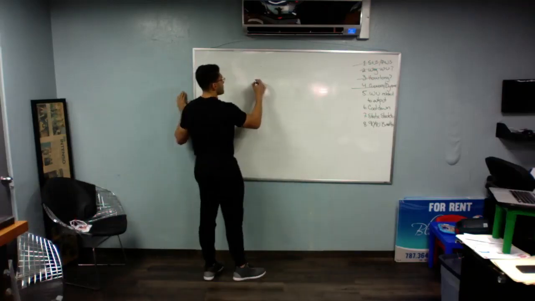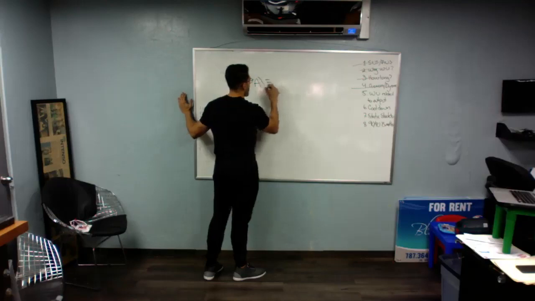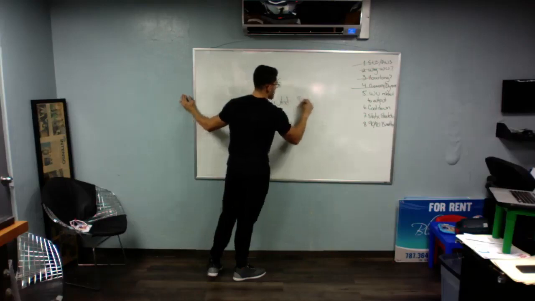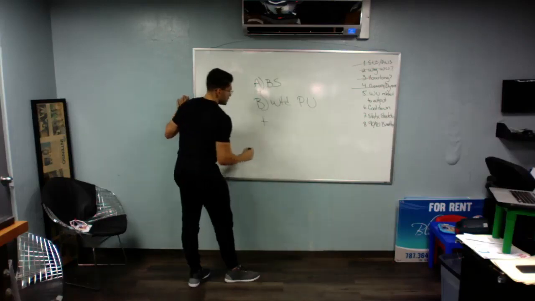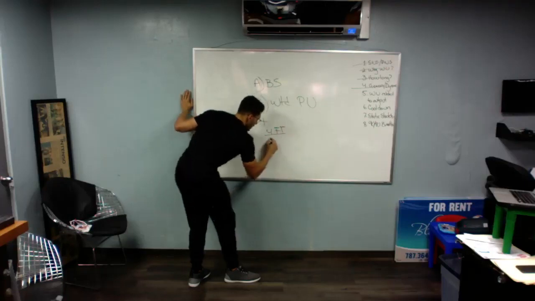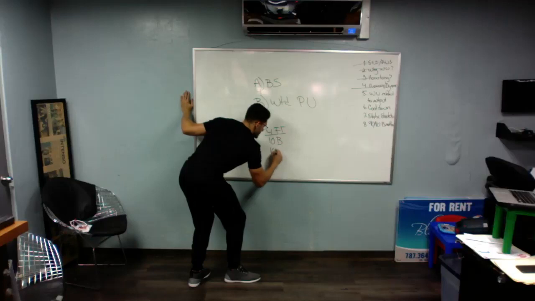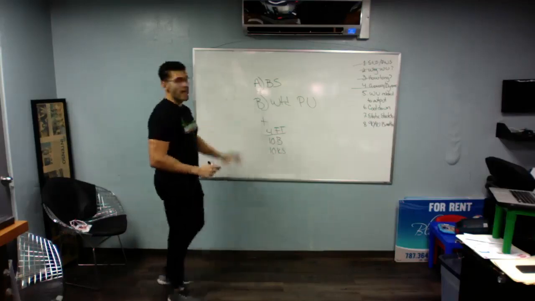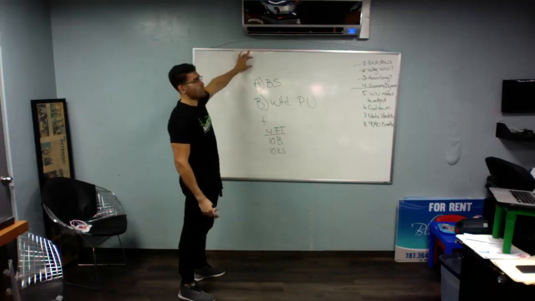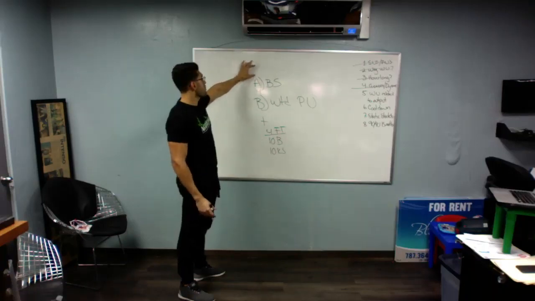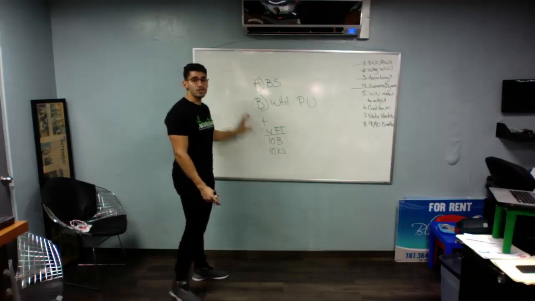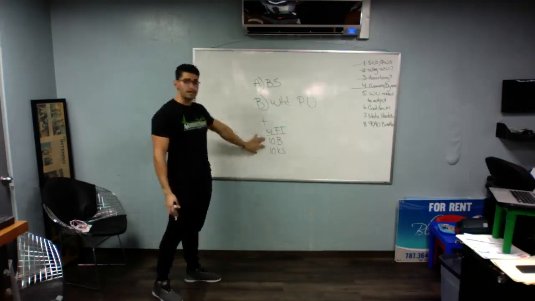So if you have A, back squats, B, weighted pull-ups, and then you have the 4 rounds for time of 10 burpees and 10 kettlebell swings, know that you need to do the general warm-up, aerobic, general and dynamic, specific warm-up, do the back squats, do the weighted pull-ups, then you're going to do the warm-up that I just explained for this.